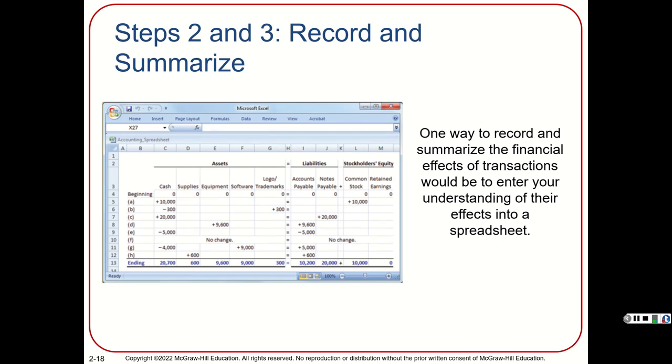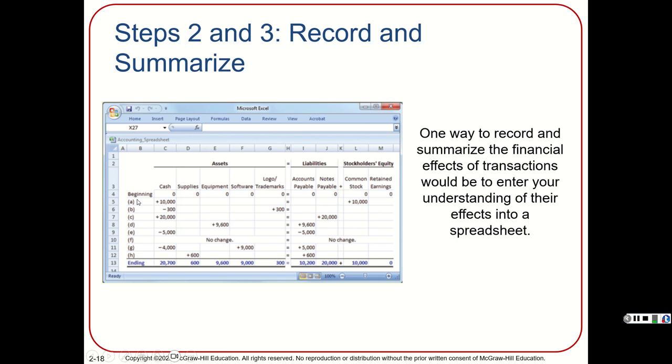All right, so now you are going to record and summarize. And the way to record and summarize the financial effects of transactions would be to enter your understanding of their effects into the spreadsheet. So here, along this column, the letter represents each of the transactions.